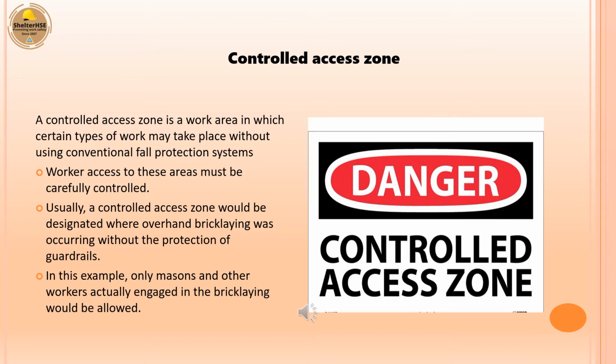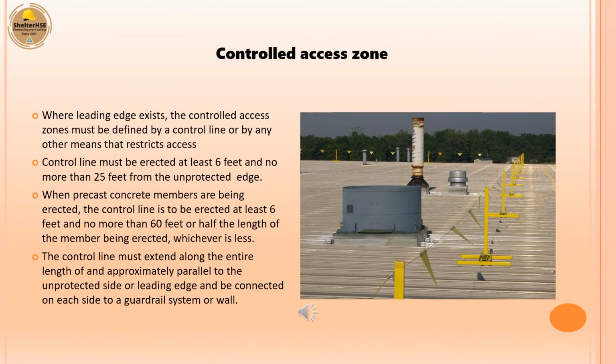Where leading edge exists, the controlled access zones must be defined by a control line or by any other means that restricts access. The control line must be erected at least 6 feet and no more than 25 feet from the unprotected edge.